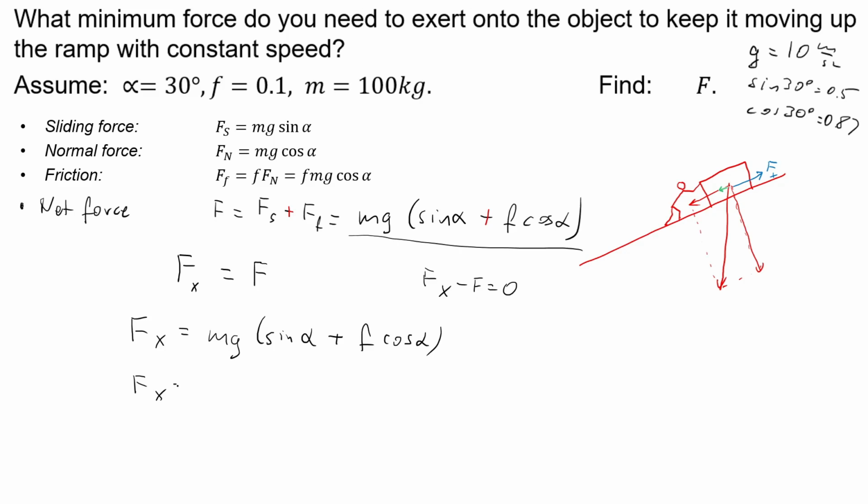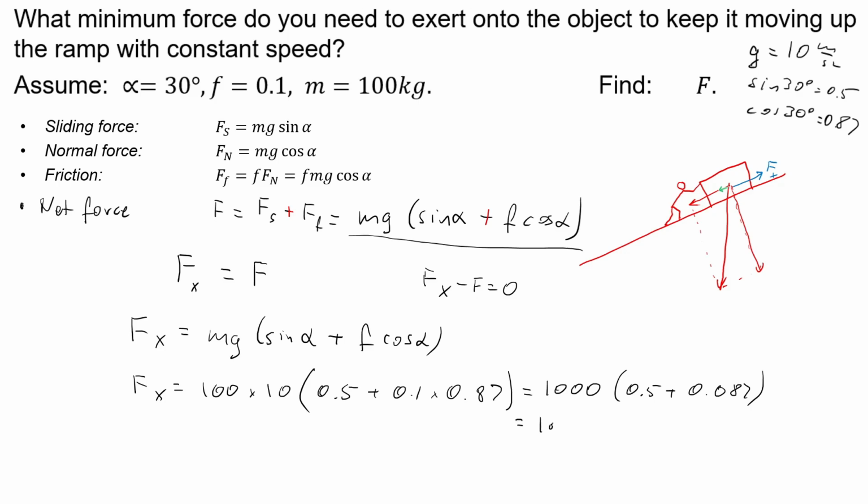So our Fx now equals 100, that's the mass, times 10, the gravitational acceleration, multiplied by 0.5 plus 0.1, the friction coefficient, multiplied by 0.87, the cosine of our inclination angle. So this is 1000 multiplied by 0.5 plus 0.087.